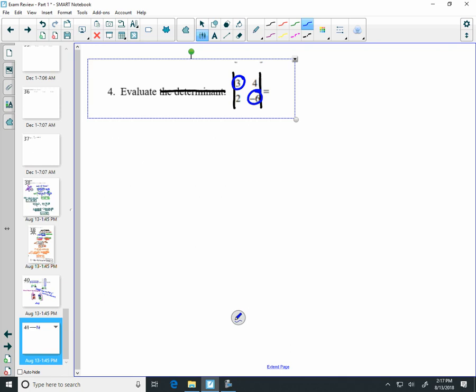Multiply on the diagonal. And subtract. Multiply on the diagonal and subtract.